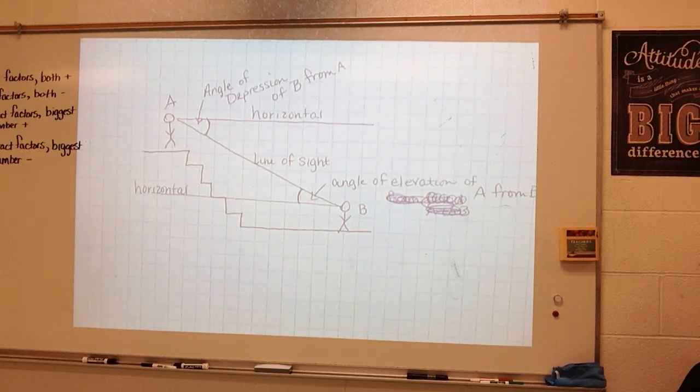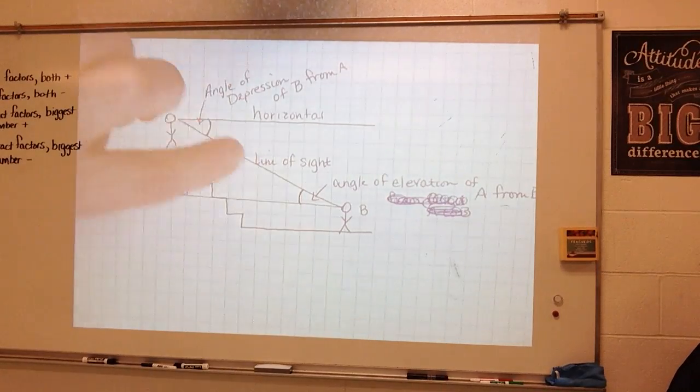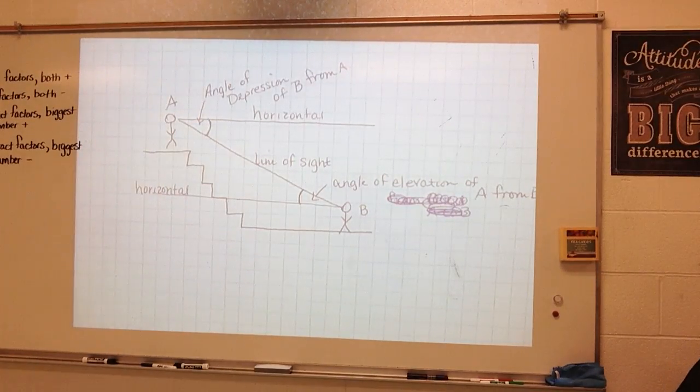I can use the line of sight as a transversal, which makes these alternate interior angles, so they do have an equal measure.